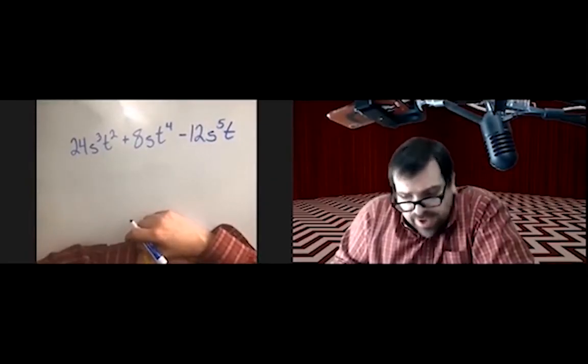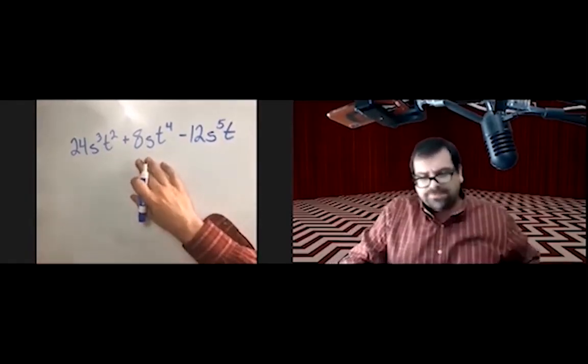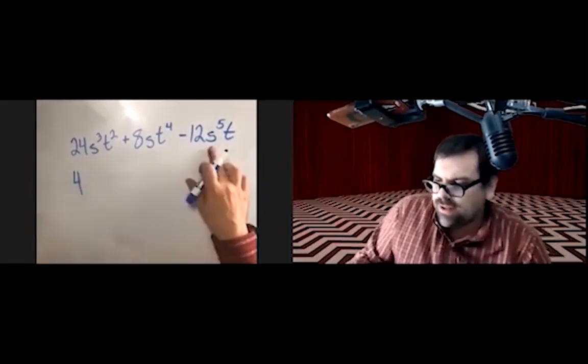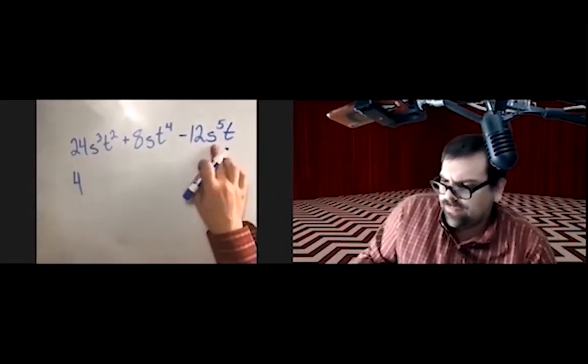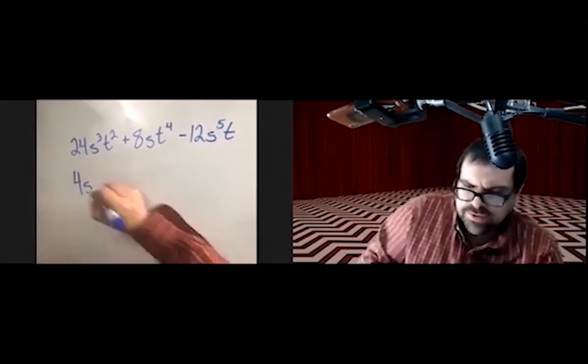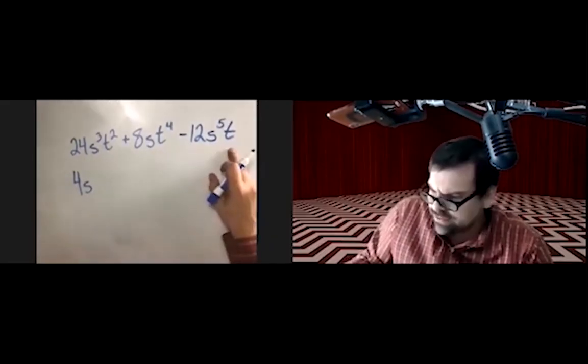The greatest common factor would be 4. S is in all 3 of these. The lowest power shown is S to the first. T is in all of these.